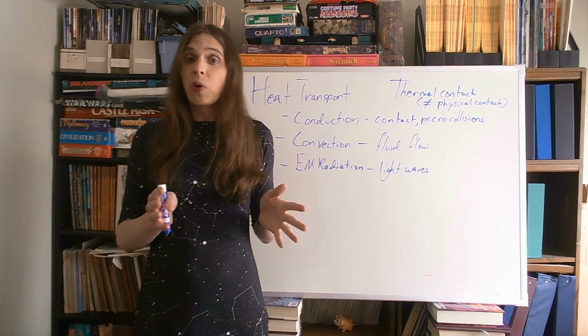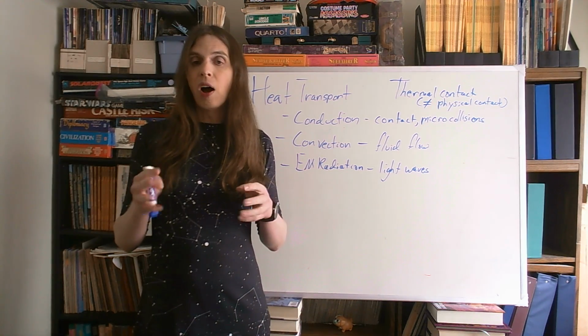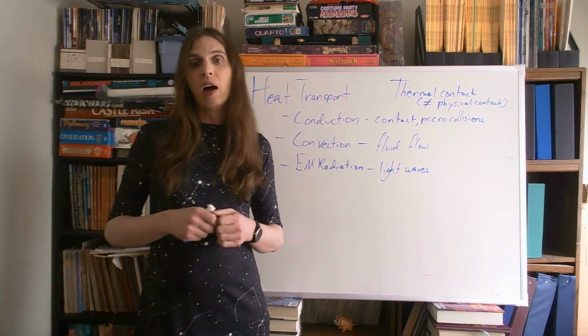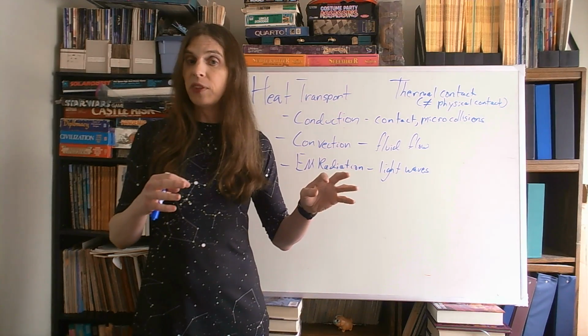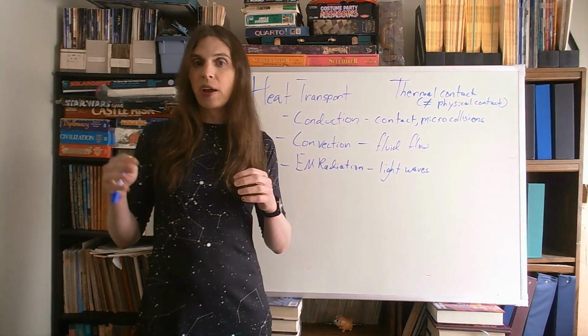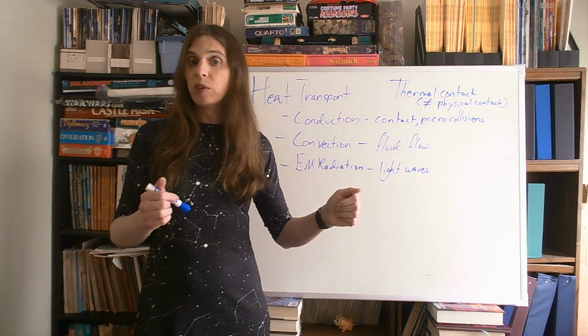And that's what's going on with conduction. All the particles within the thing are interacting with each other along our object, with lots of little collisions inside the thing. And that can transport energy that's high temperature on one side to low temperature on some other side.